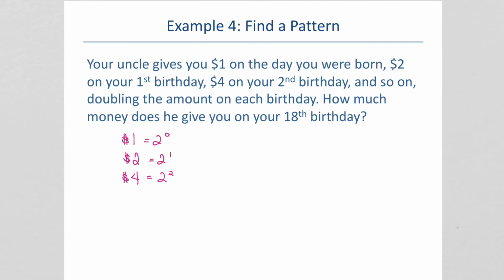So the next amount you would get would be 2 to the 3rd power, which is 8. For your 4th birthday, you would get 2 to the 4th power. That's 16. So for your 18th birthday, your uncle would give you 2 to the 18th amount of money. That's $262,144. I sure hope you've got a rich uncle.